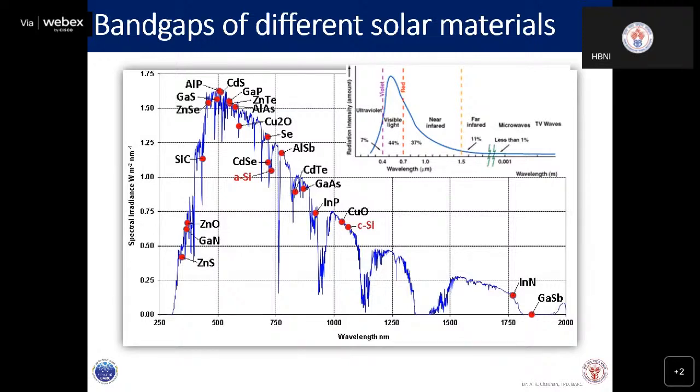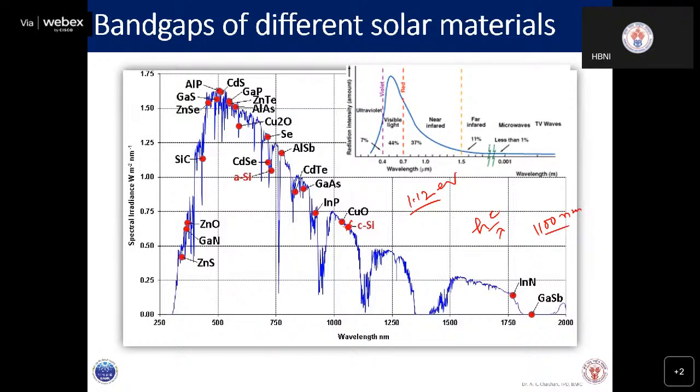For silicon, the band gap is, as we saw, 1.12 electron volt, and the corresponding wavelength, from hc by lambda, comes to about 1100 nanometer.